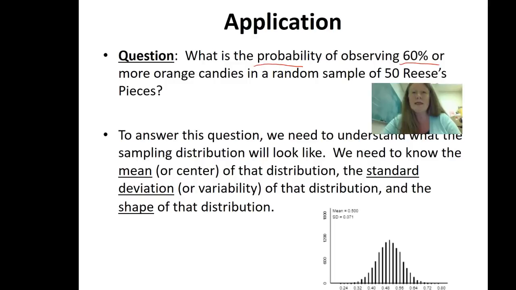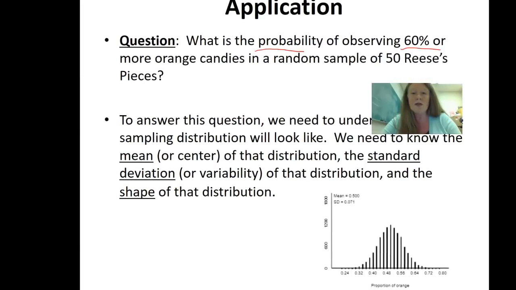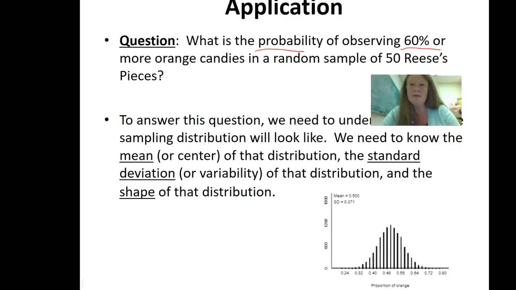So here's a distribution we're going to work with in the next few examples. If I took many, many samples of size 50 from the population of Reese's Candies, I get a distribution that looks like this. It has a particular mean or center. I'm hoping you can see this here. It's 0.5. So this middle is at 0.5. This distribution is centered at 0.5.